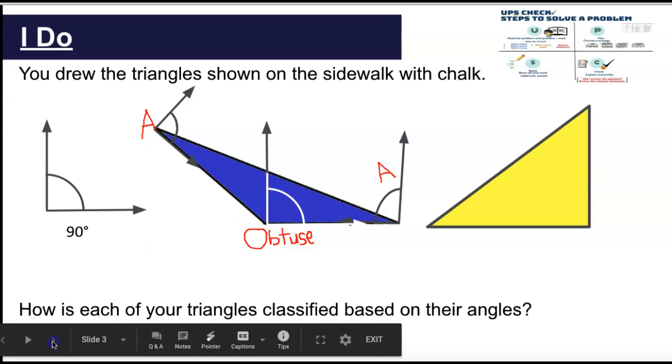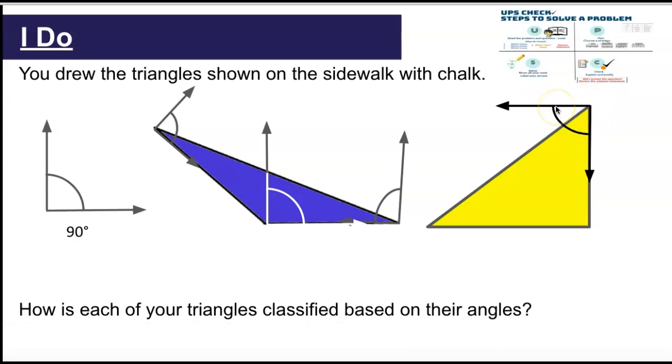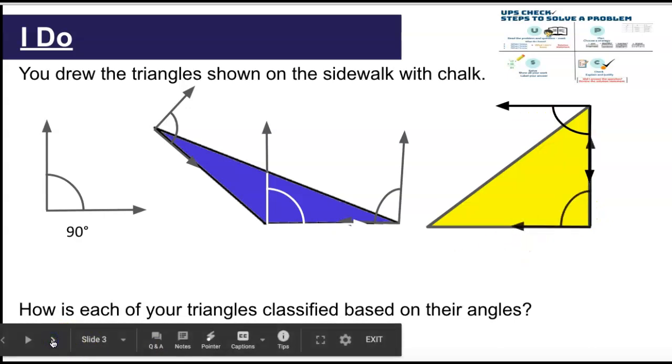Now let's take a look at our next triangle. This particular triangle has an angle that appears to be less than 90 degrees. So that means that it is acute. As I go around the triangle, I notice that this one forms a right angle.